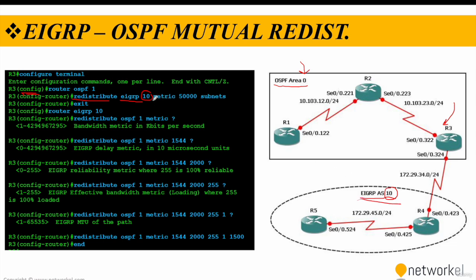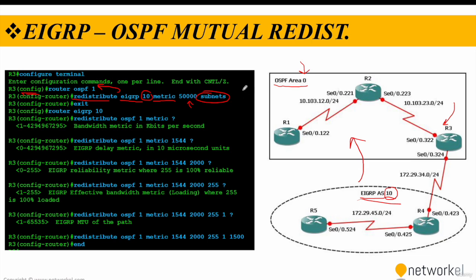Then I am defining a metric for those routes, which is 50K, followed by the subnets keyword. What is this command doing? This command helps me redistribute routes from the EIGRP domain to the OSPF domain. So it is in this direction.